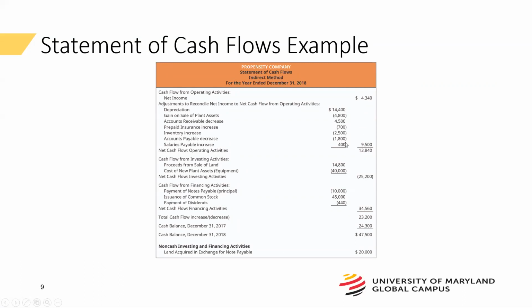And then we see that each category has essentially a starting and end balance. And this represents the cash flow coming into and out of the business during a particular period of time. And that's the concept of a statement of cash flows.